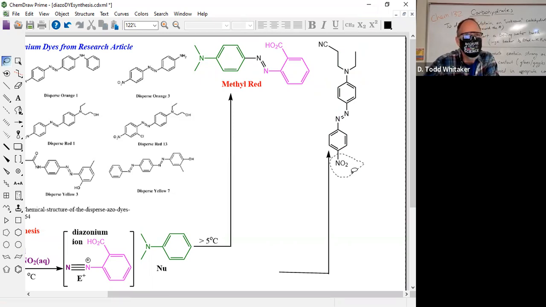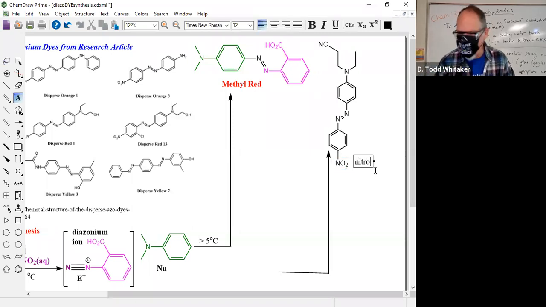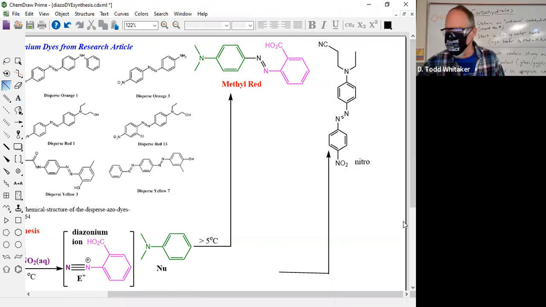A lot of you are not familiar with that. That is not a neutral nitrogen. It's a very common group called nitro. And it is not ever going to be part of your nucleophile. Nitro looks like this.